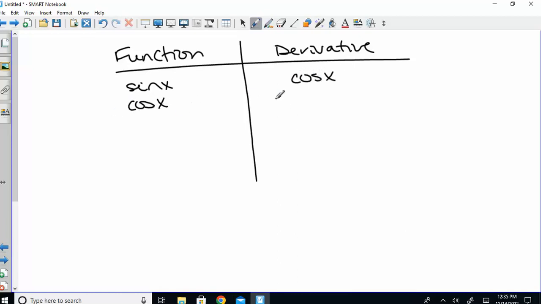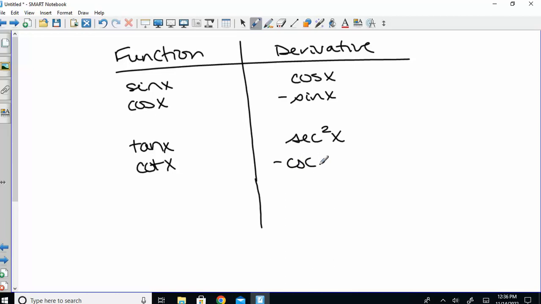What's the derivative of cosine x? Okay, what is the derivative of tangent x? Secant squared x. What is the derivative of cotangent x? Cosecant squared x. Remember, all the co-functions have a negative derivative.